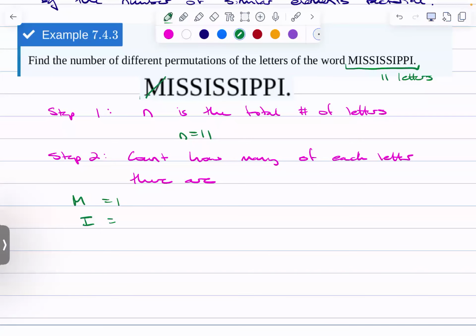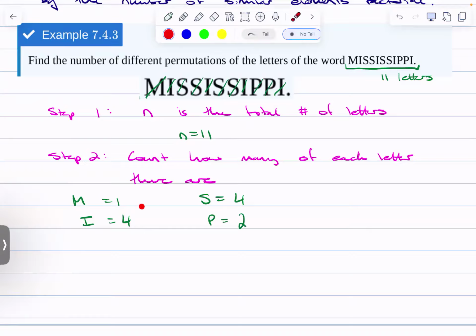We said that there are 4 I's. 1, 2, 3, 4. 1, 2, 3, 4. S. 1, 2, 3, 4. 1, 2, 3, 4. And finally, P's. There's 2 P's.